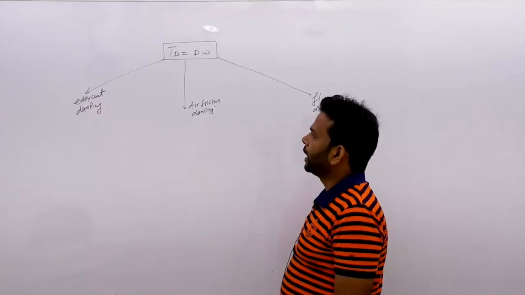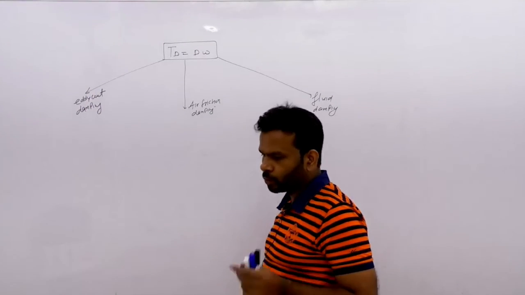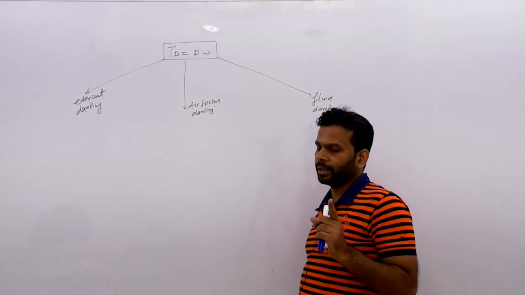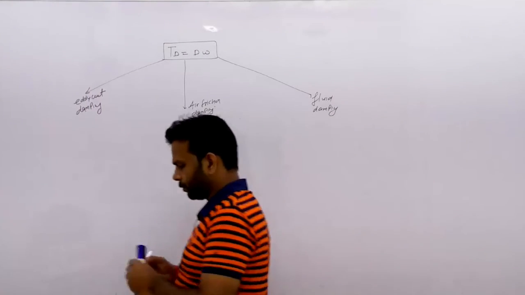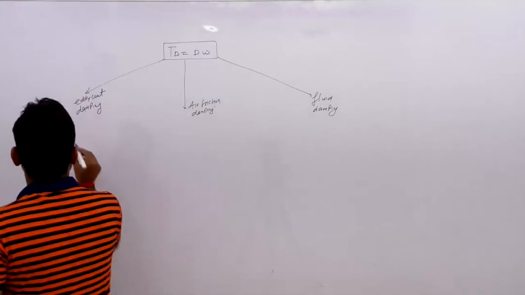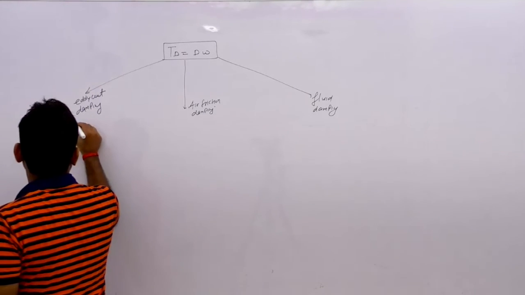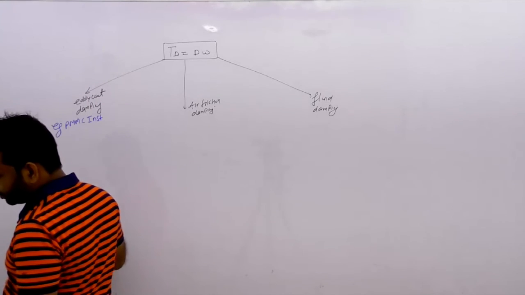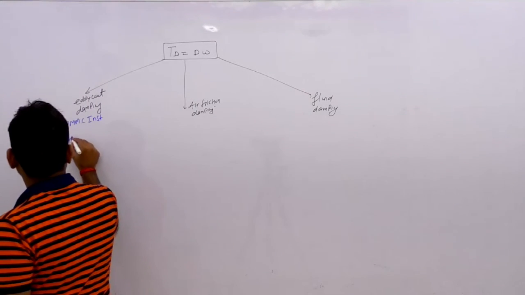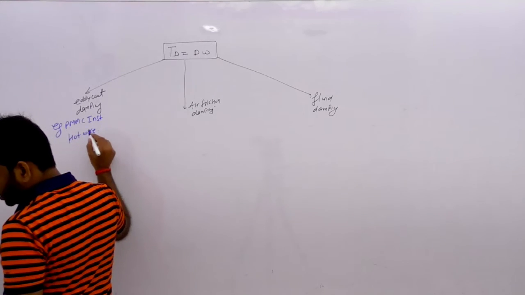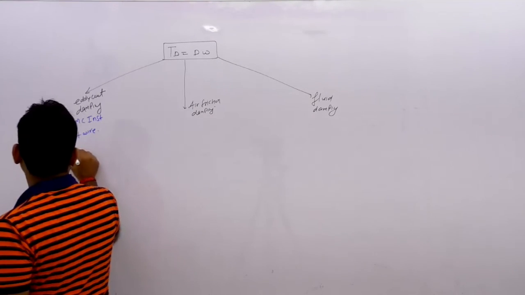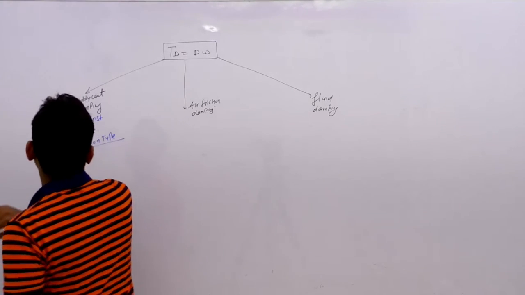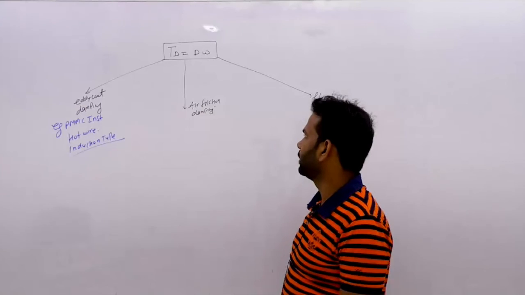Eddy current damping is used in those instruments whose operating field is highest. The first example of eddy current damping is the PMMC instrument. Then the next example is the hot wire instrument, and then the induction type instrument. So we have three types of instruments in which we have eddy current damping.